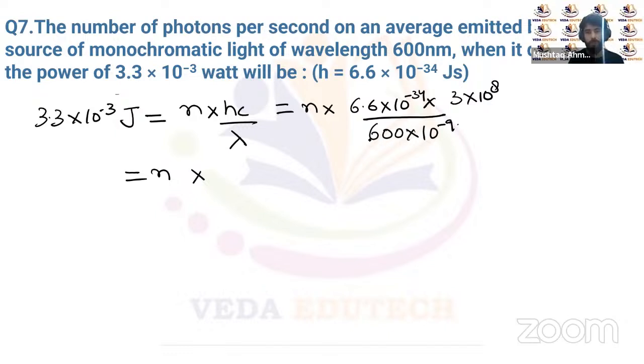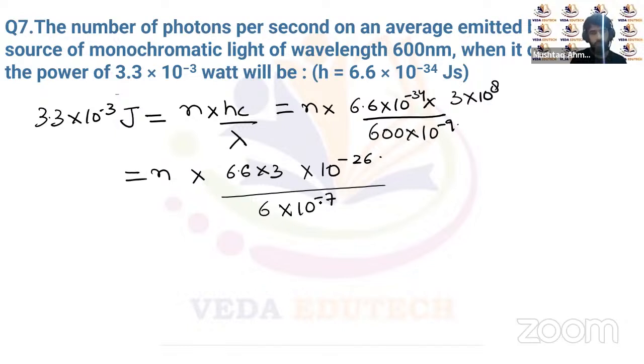It will be 6.6 into 3, 10 to the power minus 26, divided by 6 into 10 to the power minus 7.